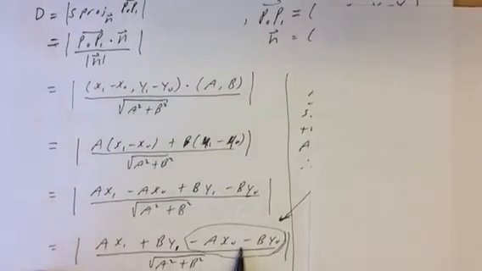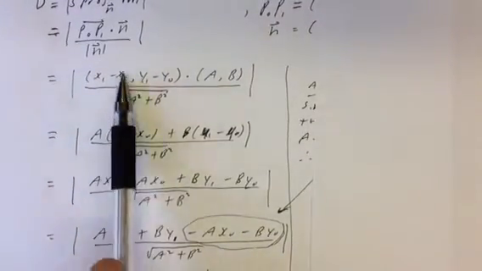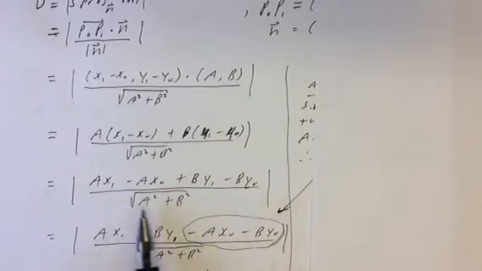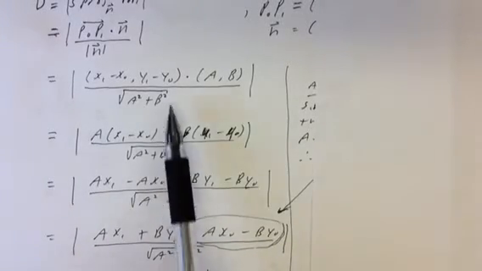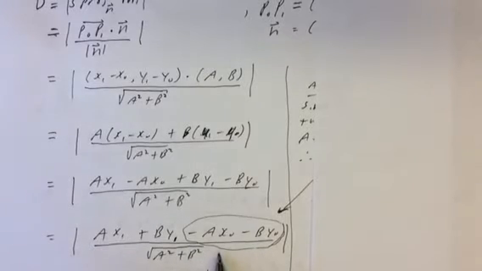Just doing the dot product of those coordinates up top and rearranging, you get Ax1 + By1 - Ax0 - By0. If you have to pause to make sure you got this, that's okay.